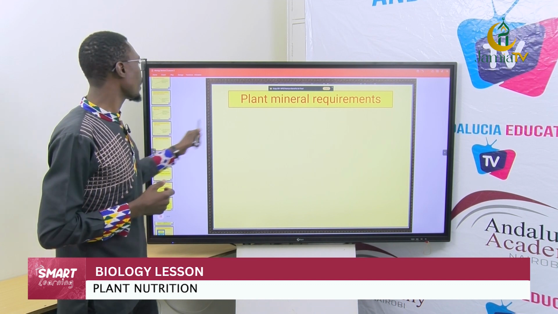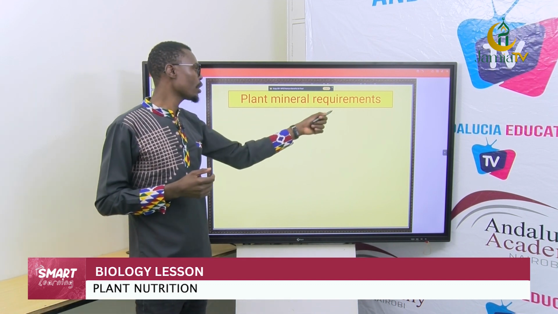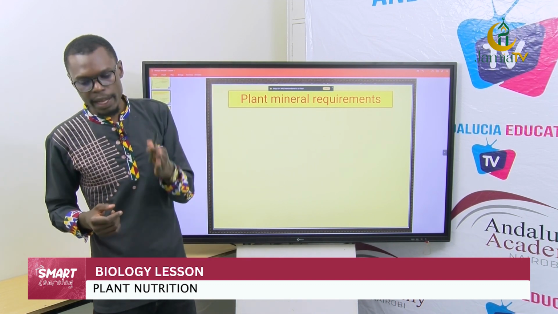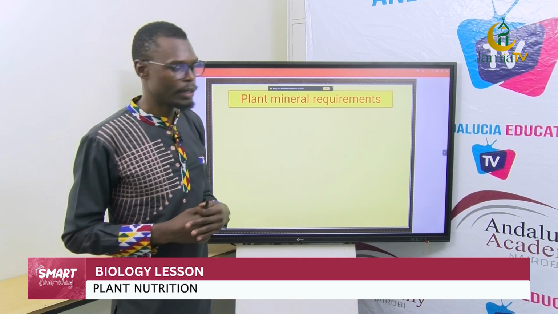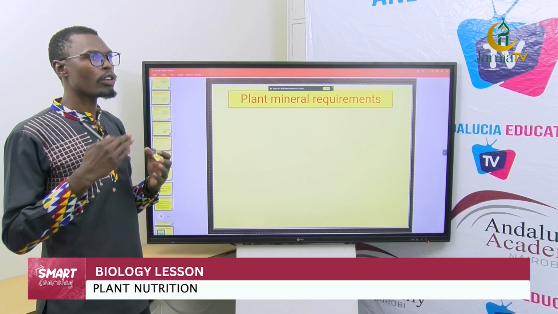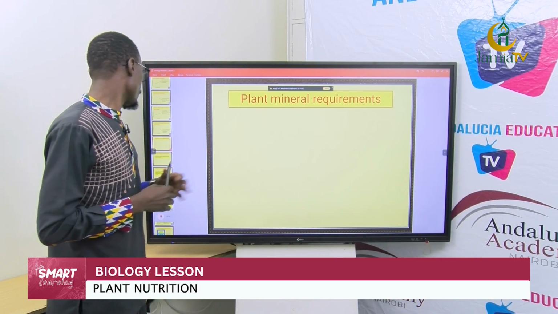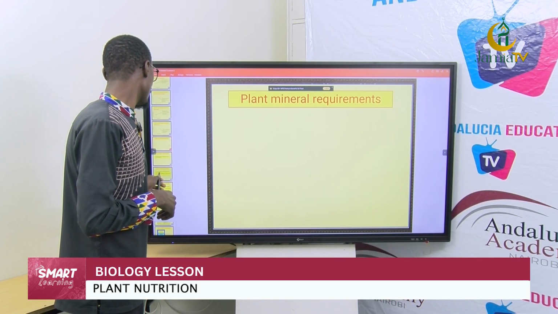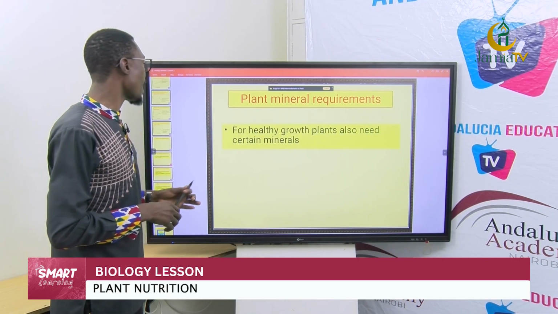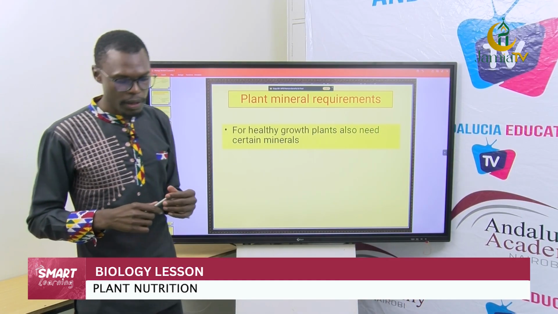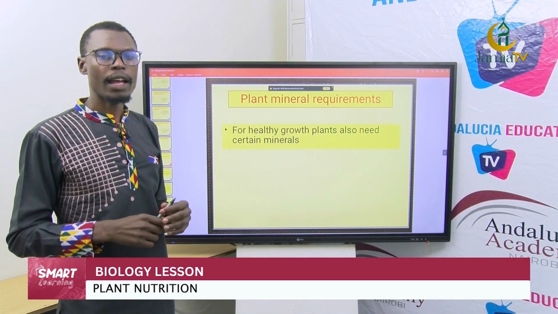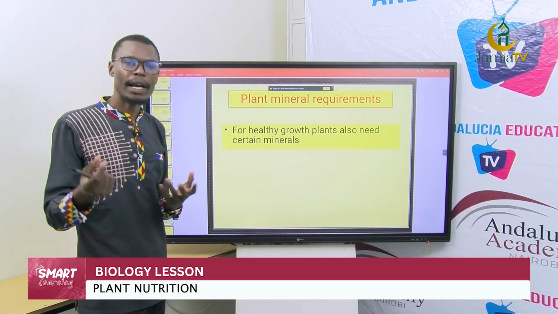So we are going to check the plant mineral requirement. Which minerals specifically are required by plants for healthy growth? There are some major minerals that plants need for better growth. These minerals are commonly known. One of them, magnesium.